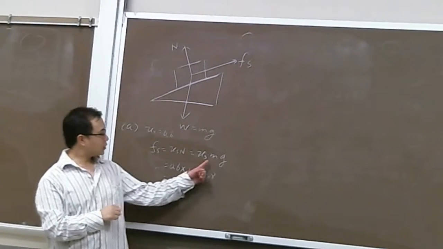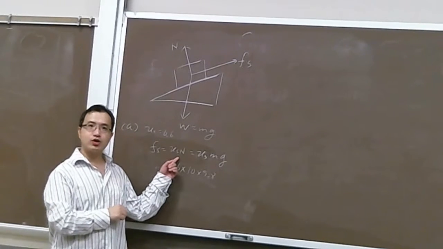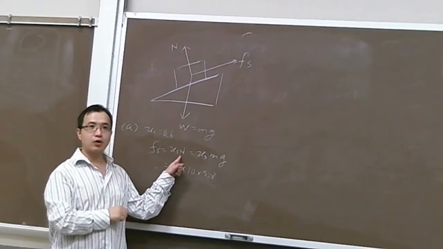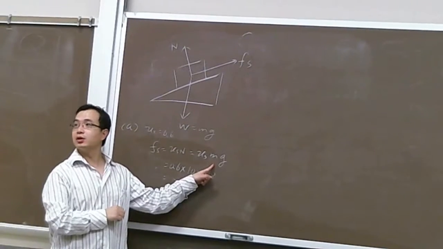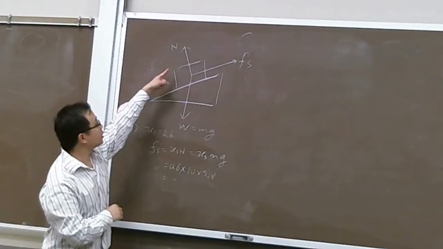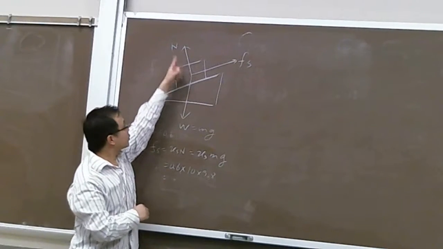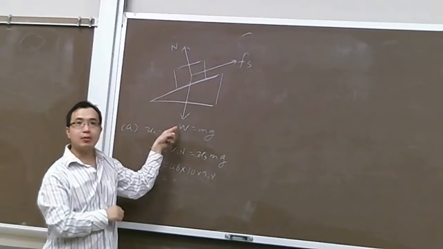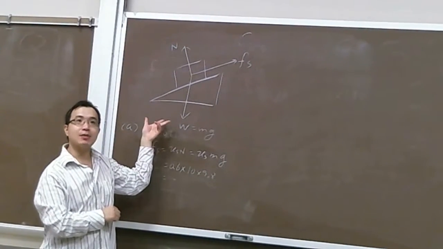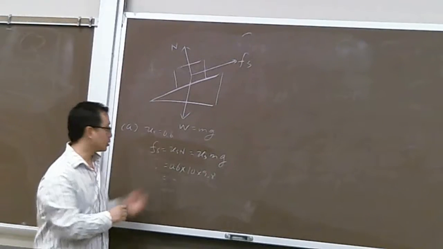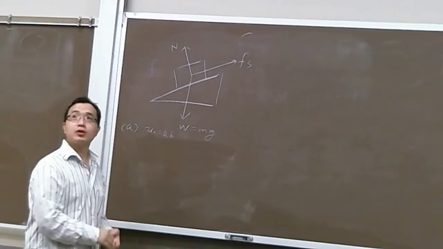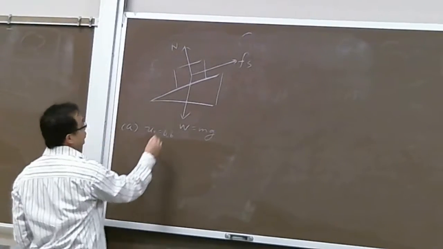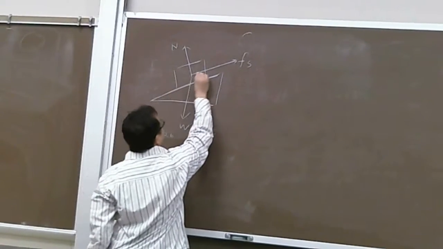What's wrong here is that in this calculation, I'm assuming the normal force equals mg. This may not be the case. Look here, the normal force is not in the same direction as W, so it wouldn't be exactly the same as mg. So let's go through the formal procedure and do the decomposition.